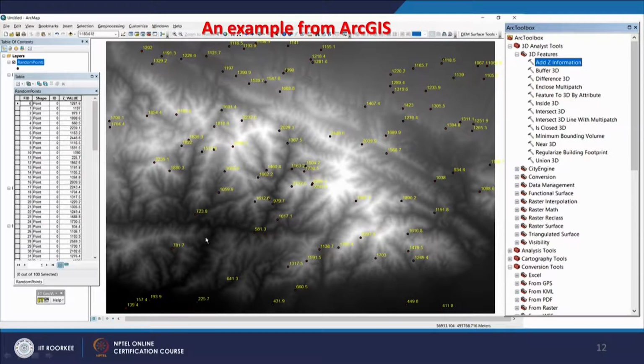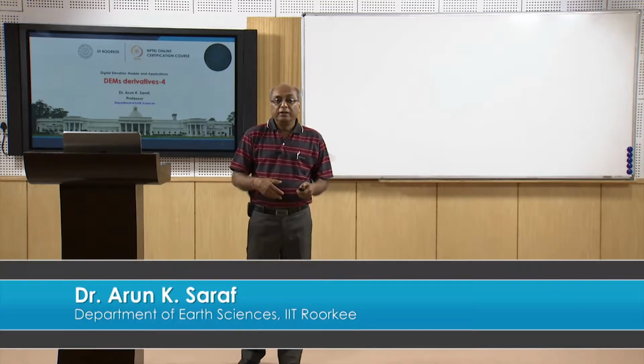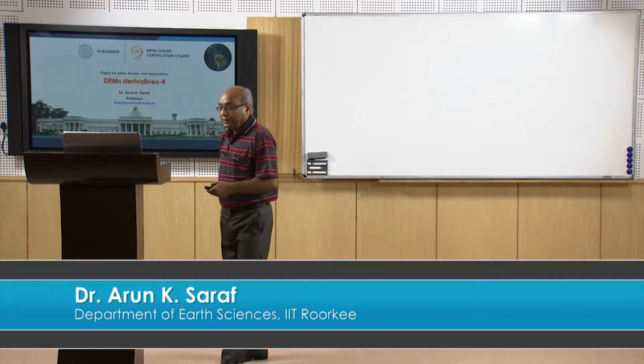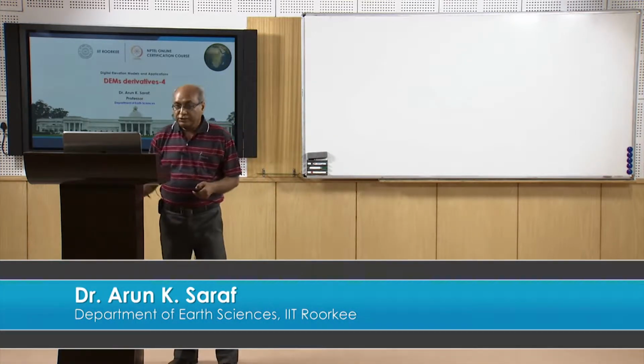Now if we generate a digital elevation model based on these 100 points, I am sure we are not going to get exactly the same digital elevation model as we are seeing in the background, because we do not know exactly how many points were used to generate such digital elevation models.